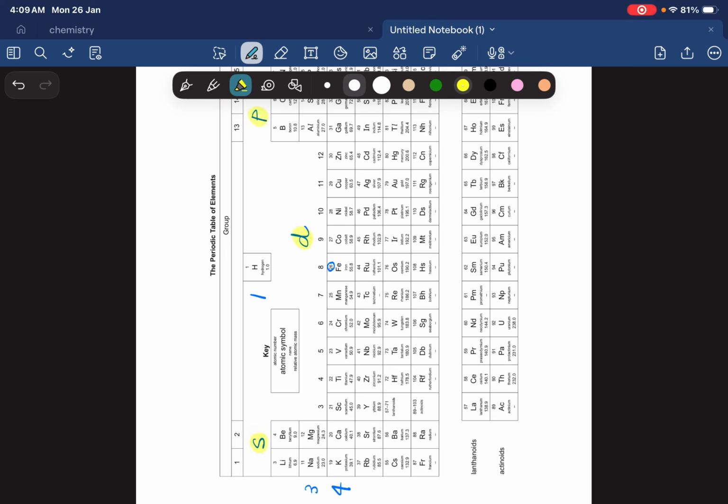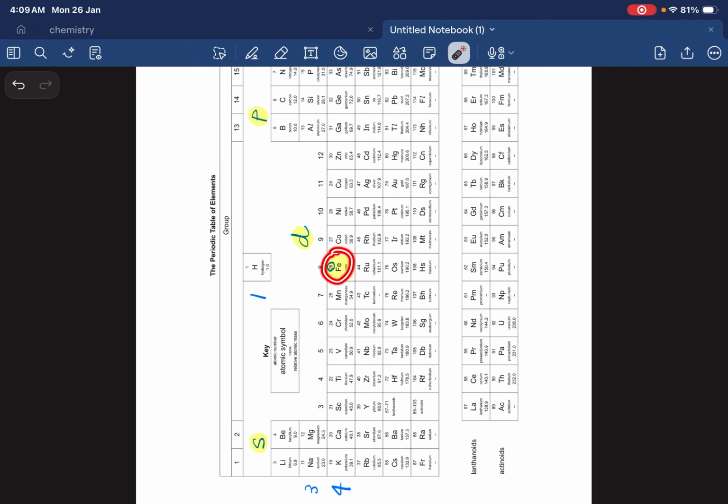So what basically happens is that the elements that are in D block, like Fe, their last electron is going to be in the D subshell, right? So over here, for the Fe, the electronic configuration comes out to be 4s2 and 3d1, 2, 3, 4, 5, and 6.